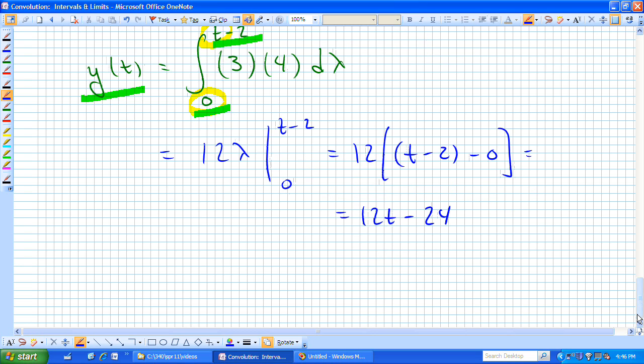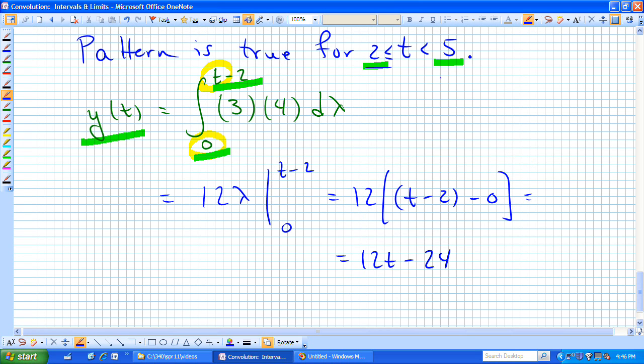And now we need to go back and say, remember, this functional form for y of t is going to be true when t is greater than 2 and less than 5.